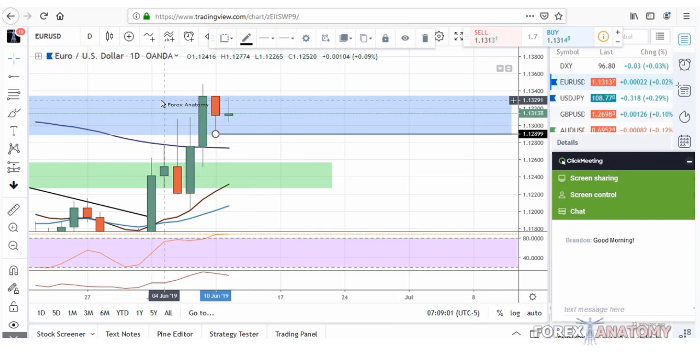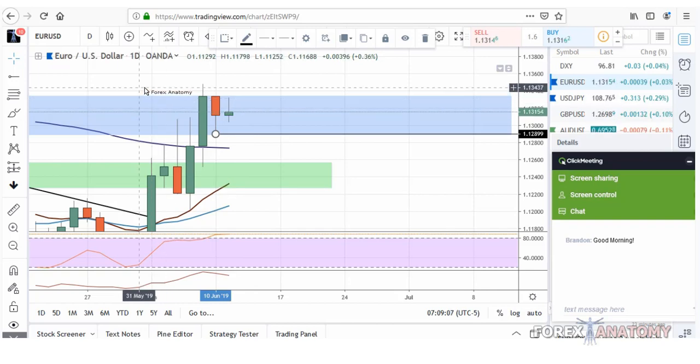It went to around 1.1332, and then it started sliding lower. So we were almost there. It almost hit our first target, but it didn't.